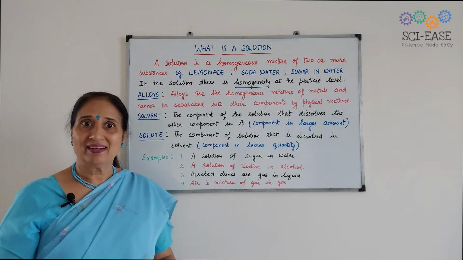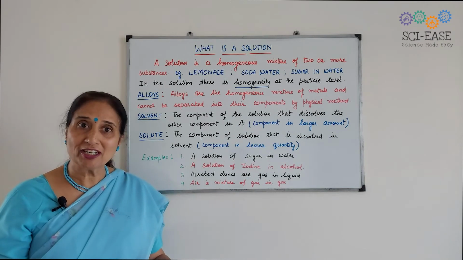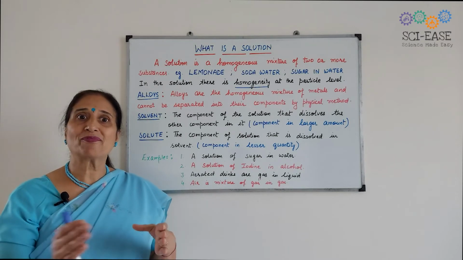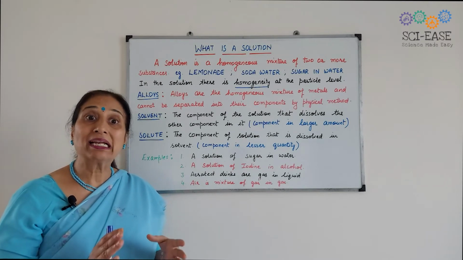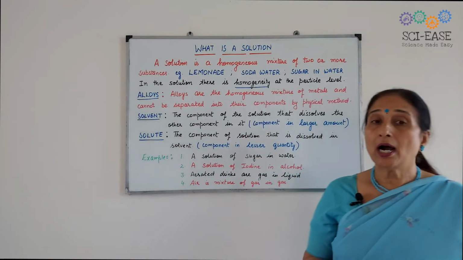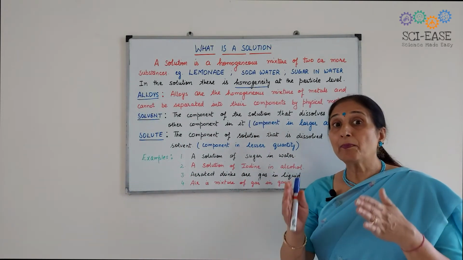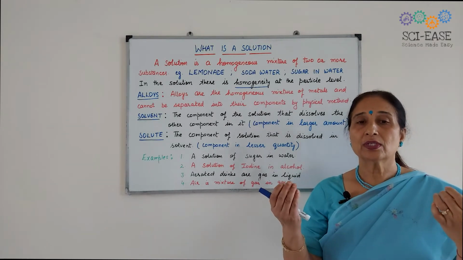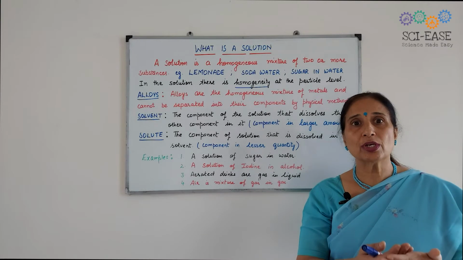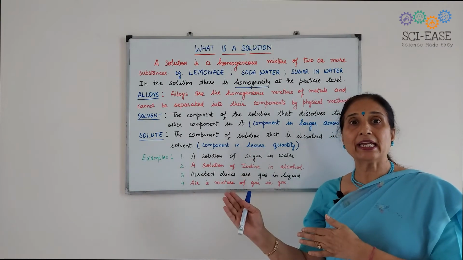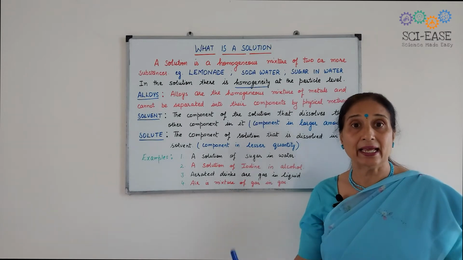So I think the term solution, with examples and the components of a solution, must be clear to all of you. Now I will tell you about the properties of a true solution. We are to study true solutions, suspensions and colloids, and here I am taking solutions in detail.